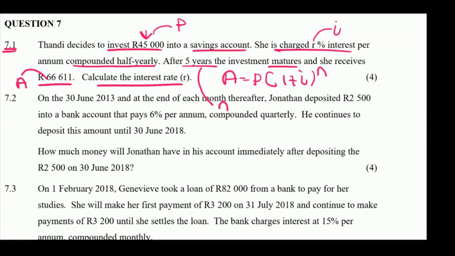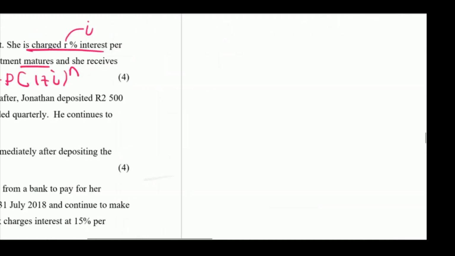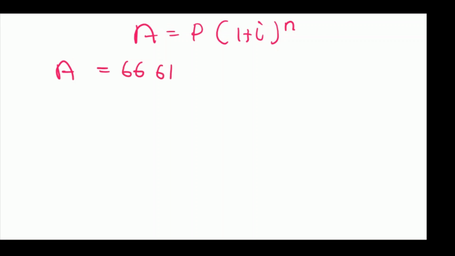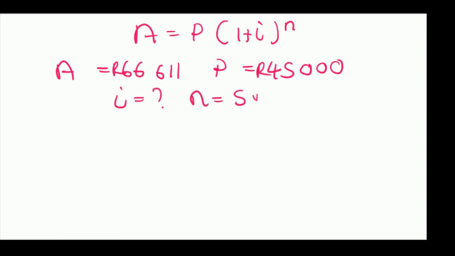So you're just going to substitute everything in the formula. So we have A equal to P into (1 + i) to the power of n. Remember that A is equal to 66,611, and then P is equal to 45,000 Rand, and then i we don't know, but n is 5 years.